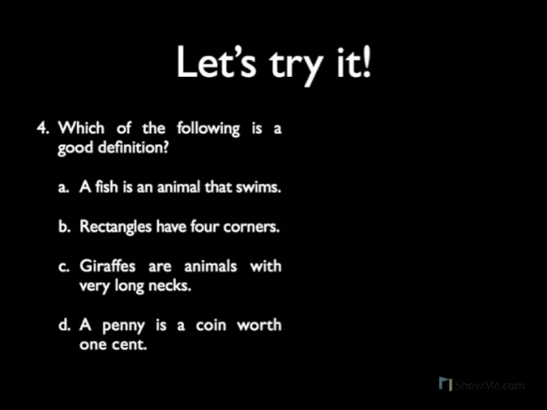A fish is an animal that swims. I know for a fact that a dolphin is not a fish. So I have a counterexample to this statement. Therefore, it is not a good definition. Rectangles have 4 corners. Now, a lot of people say, well, squares have 4 corners, but you need to be careful because a square is a rectangle.